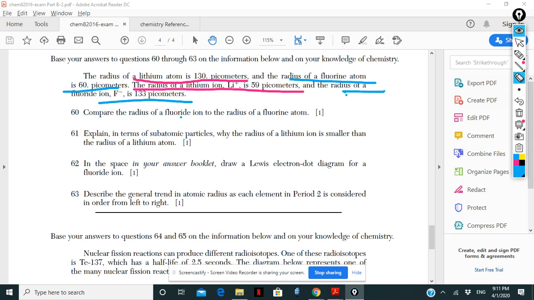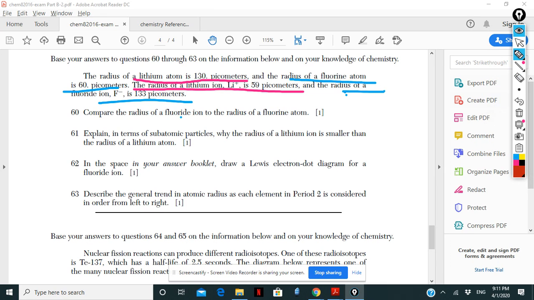Explain in terms of subatomic particles why the radius of the lithium ion is smaller than the radius of the lithium atom.